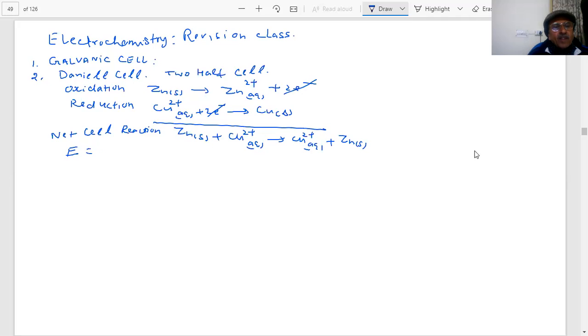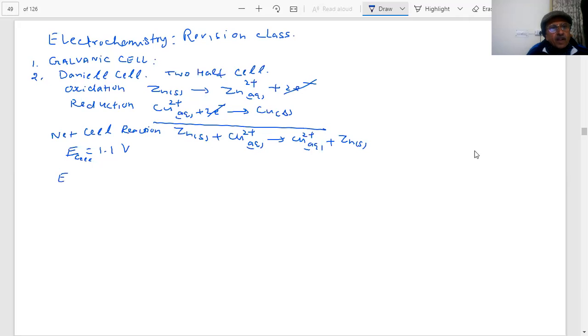So for the Daniel cell, what you got, E cell, 1.1 volt, student. And in the book you will see what they have shown you, that if external voltage is more than 1.1 volt, then the reverse reaction will take place. Reverse reaction can take place if the external voltage is greater than 1.1 volt.